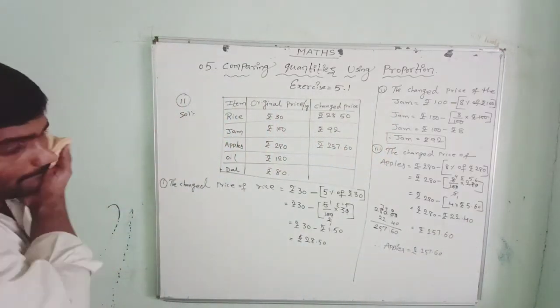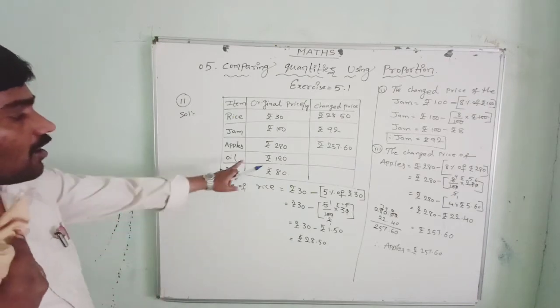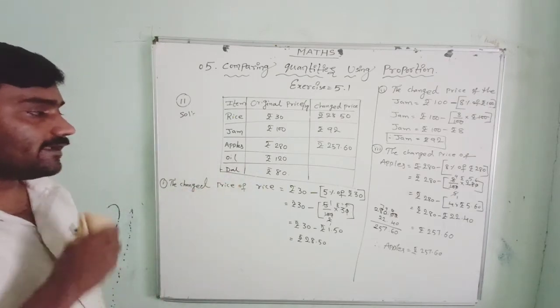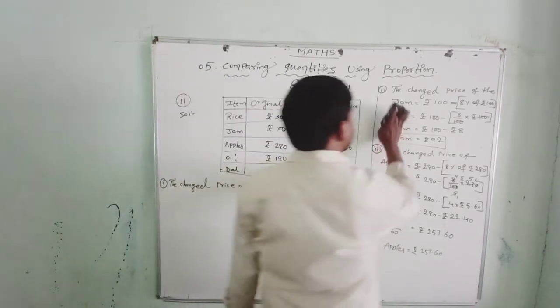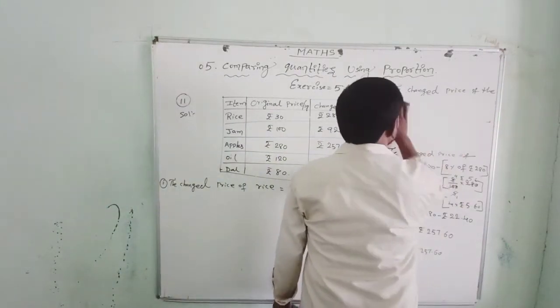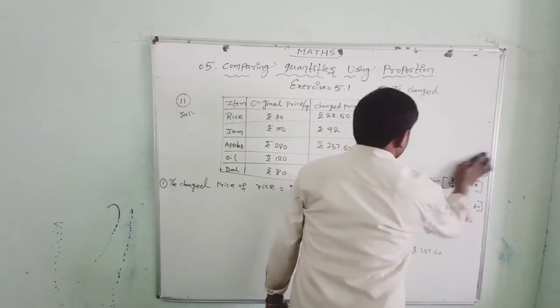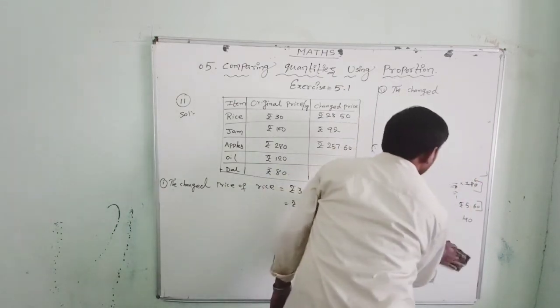So the remaining two, oil and dal, changed by 10%. Let me do it now, the same thing. Here I will solve it.